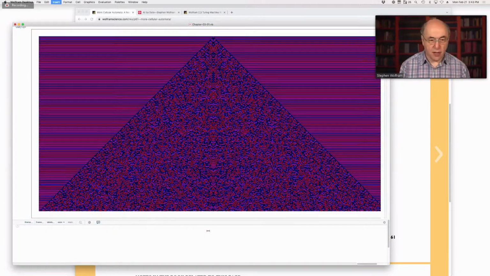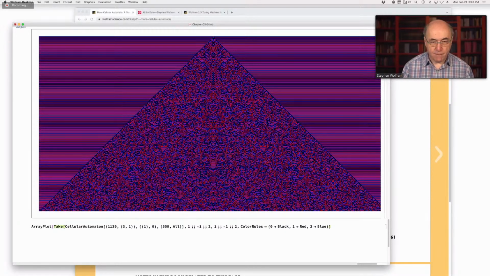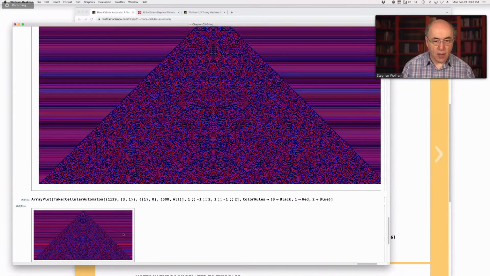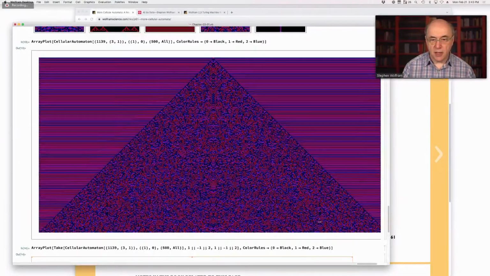Maybe we can do our trick as before of taking just pieces from this. Let's just see what that looks like. Wow, that didn't make any difference. How can that not make any difference? Well, it looks different, but it's not that different.